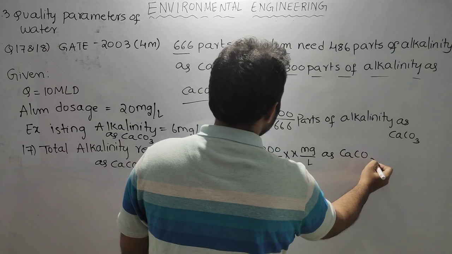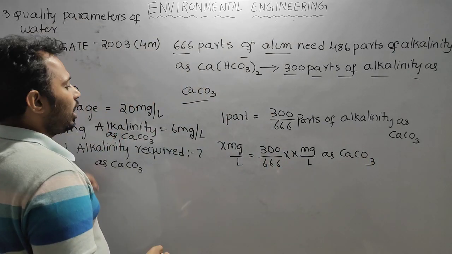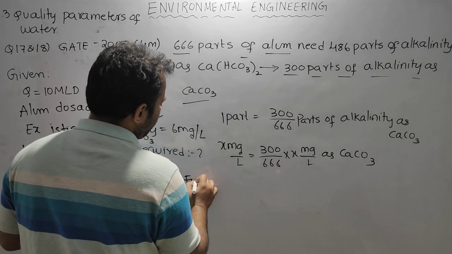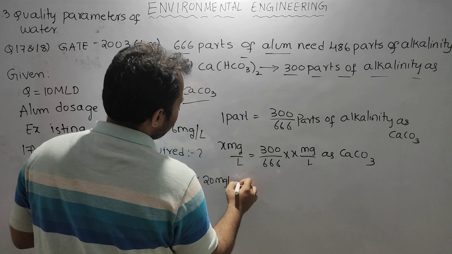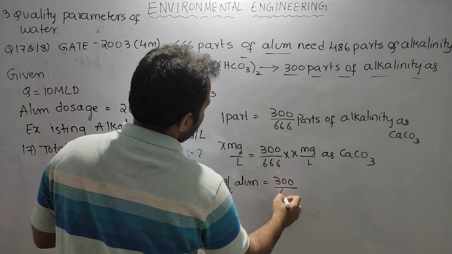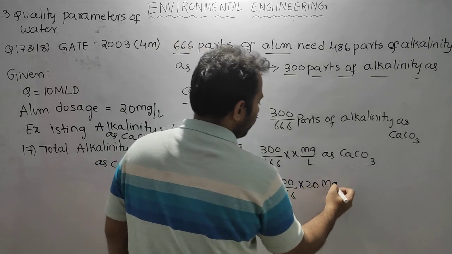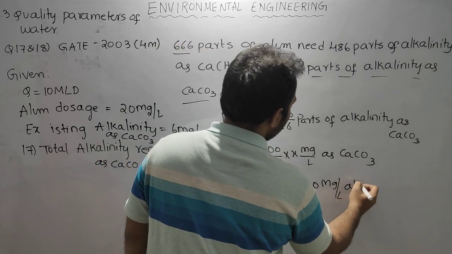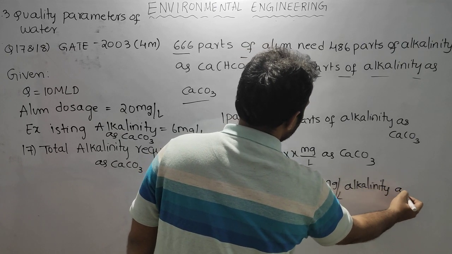Here x is given as 20, the alum dose. So 20 mg per liter of alum needs 300 by 666 into 20 mg per liter alkalinity as CaCO3.